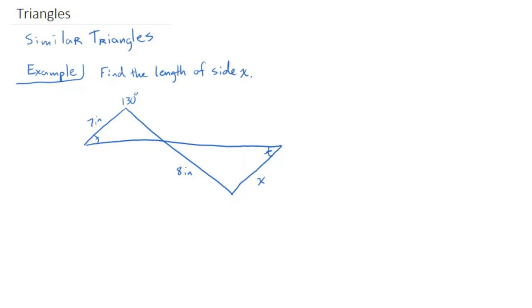Alright, so if all the angles have a pair that they are equivalent to in measurement, then we know that they're similar triangles. They flat out tell us these two are equivalent. And so then the question is, can I get another pair that's equivalent? If I can get a second pair that measure the same, then I know the third pair does, because two angles will force the third angle in a triangle since they all have to add up to 180.